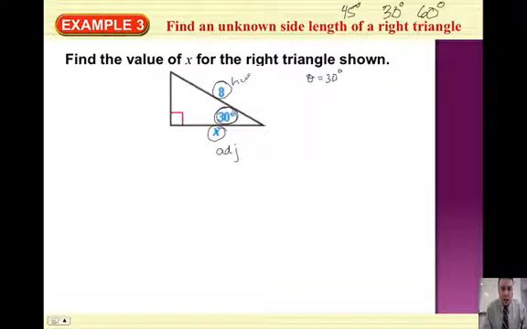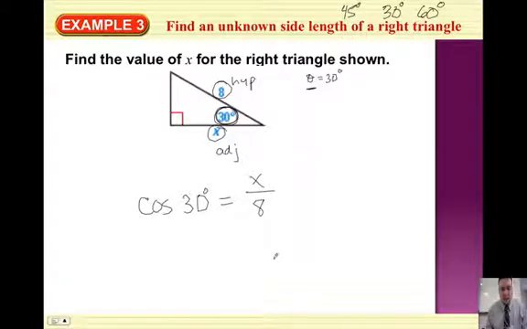And this is the hypotenuse. So what links this degree, adjacent, and hypotenuse together? Well, cosine, right? Cosine is adjacent over hypotenuse. So cosine of 30, no longer theta, we know theta, it's 30, equals adjacent, which is x, over hypotenuse, which is 8. Solve for x.